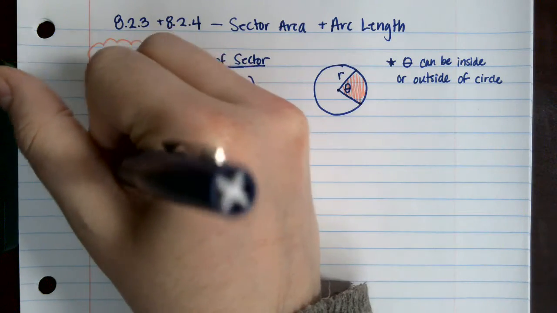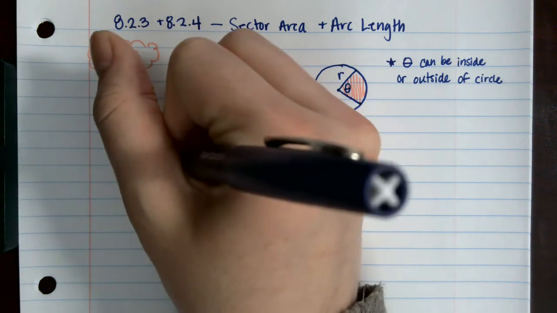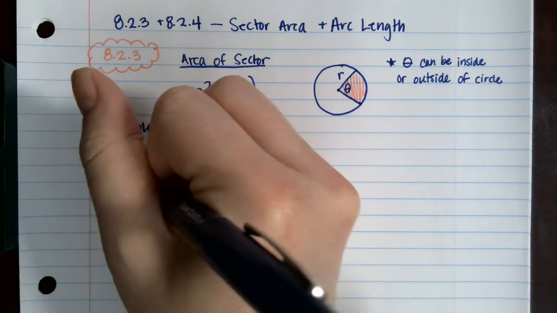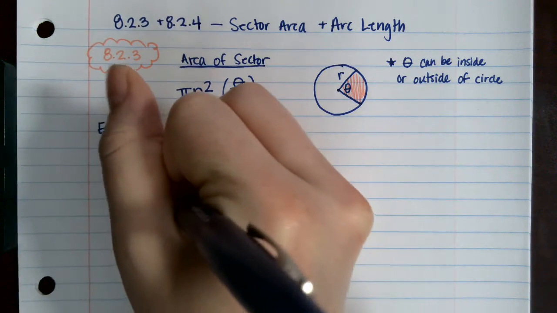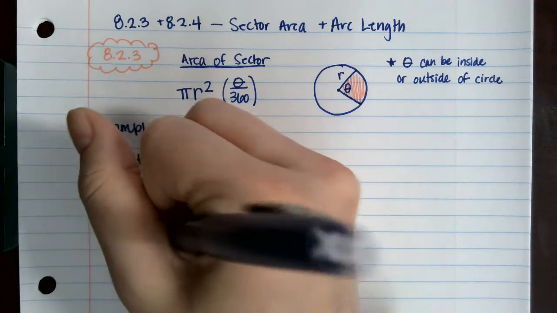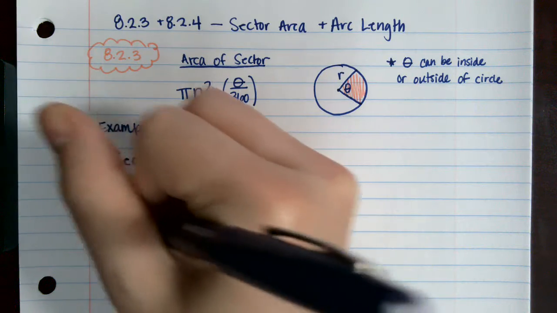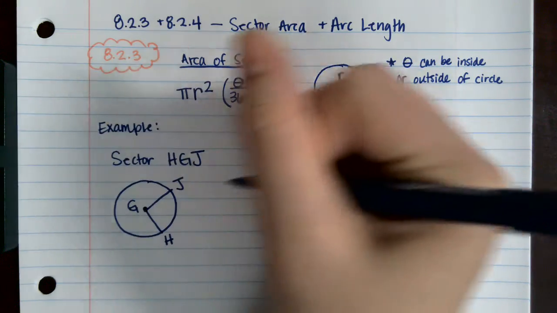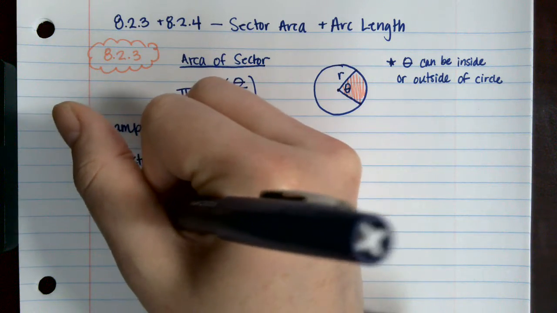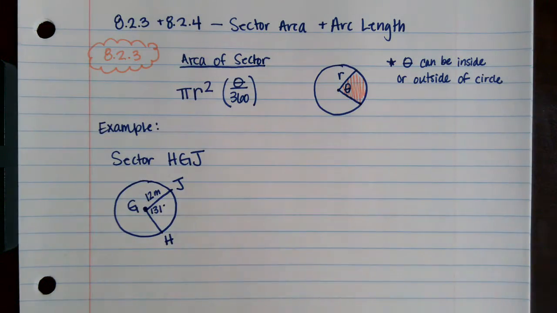So we want to find the area of sector HGJ, and we have a circle given to us. And there we are.